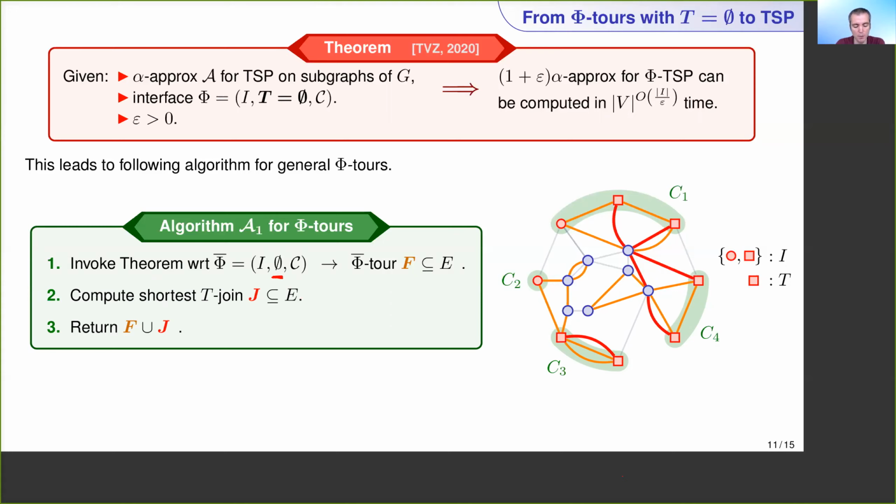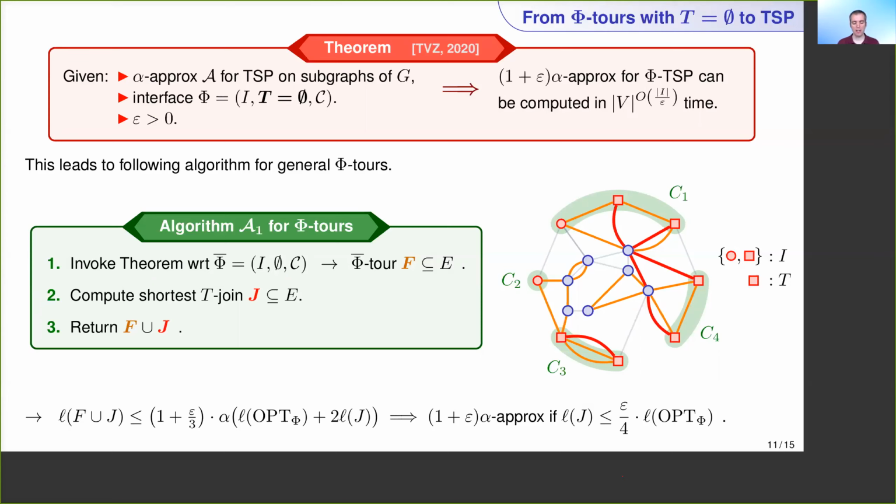This leads to a solution where the only reason why it's not a phi tour is that the vertices of T have even degree instead of odd degree. And this we can fix by adding a so-called T-join. A T-join is precisely a subset of edges that corrects those parities at T. It's a subset of edges with odd degree at T and even degree at all the other vertices. And we return the union.